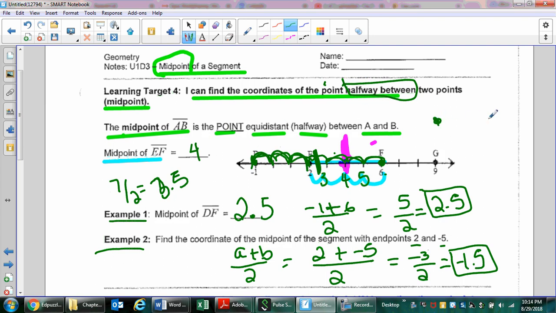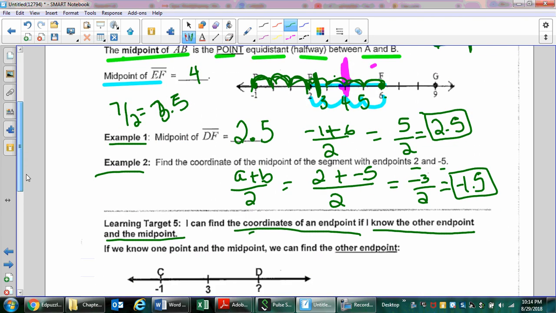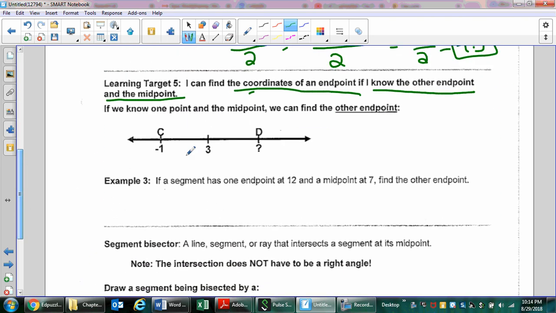I know where it starts, I know where it ends, but I want to know what is halfway, okay? But in learning target 5, you will have an endpoint, see, -1. You will know the midpoint, but you wouldn't know the other endpoint. And that's what you have to do. So there are different ways of doing it. I like knowing, okay, how far did I travel to the right? Then I'll also travel to the left, kind of.